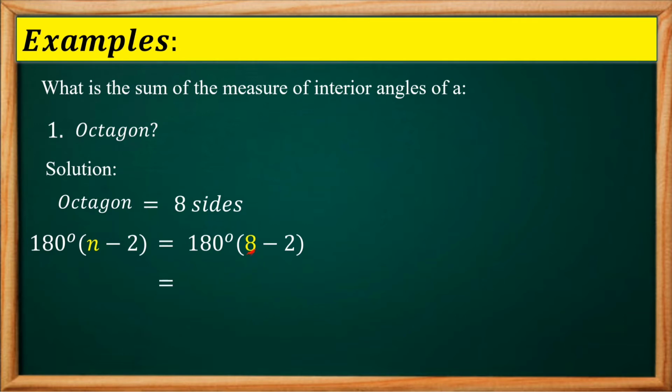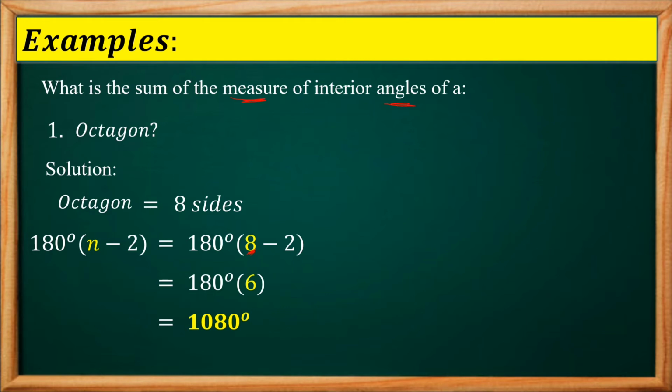Next, doing the PEMDAS, 180 times 8 minus 2, which is 6. Then multiply, then you will have 1080 degrees. Since we are talking about the measure of an angle, then the unit must be degrees.